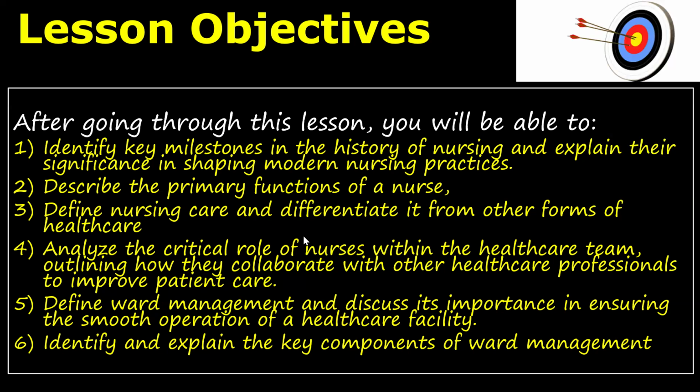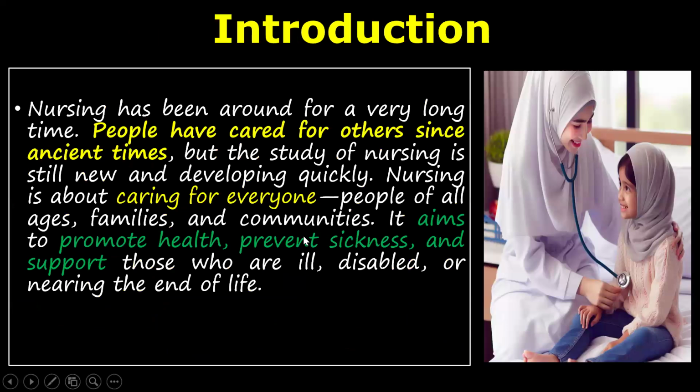So in the introduction, they're telling us that nursing has been around for a very long time. The issue about nursing, taking care of each other, is something that has been there for a long period of time. People have cared for others since ancient times. But the study of nursing is still new, but it is developing quickly.